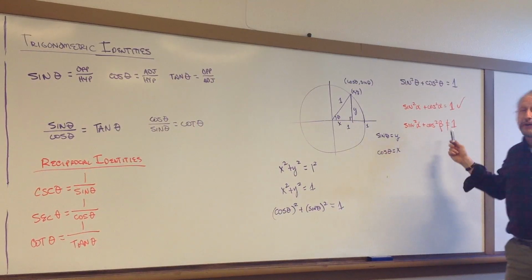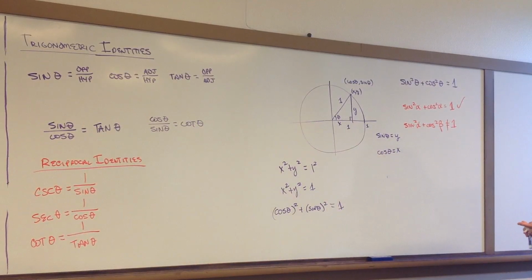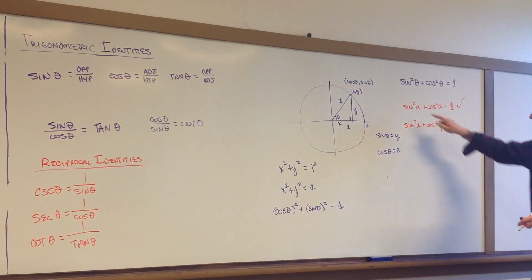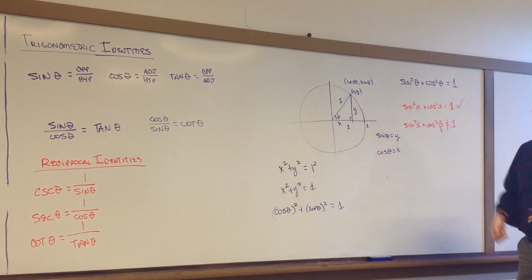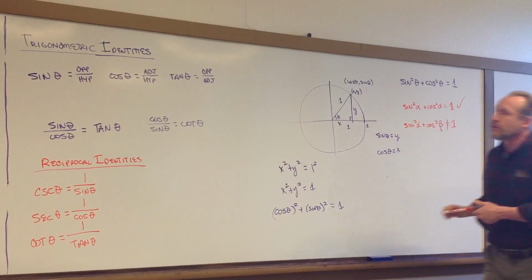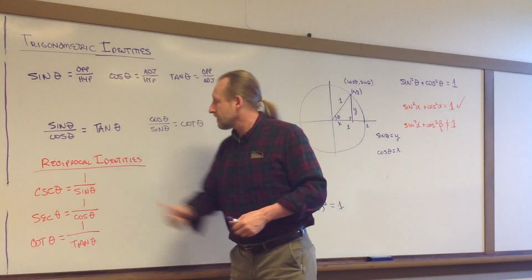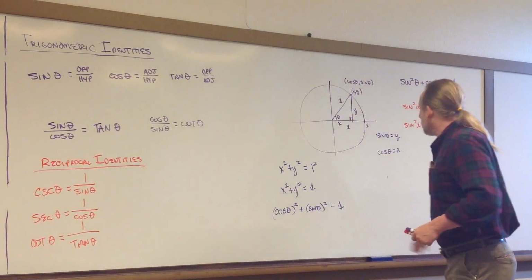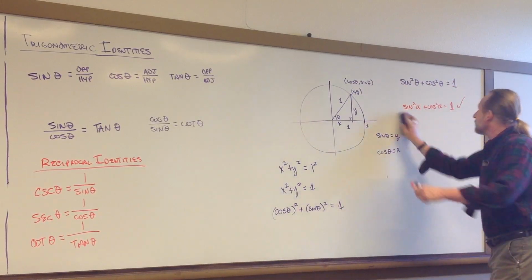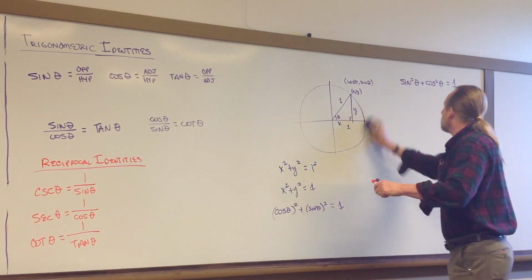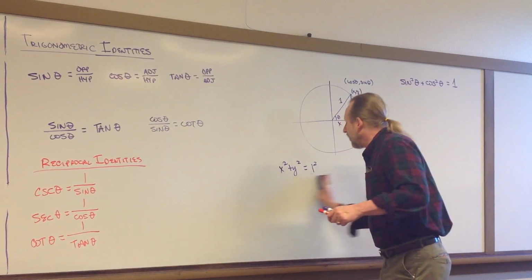Maybe it's true if alpha and beta are the same angle, but if they're different angles, then this will not be equal to 1. So it's important that these angles are the same angle when we're working with these identities. All right, so there's the first Pythagorean identity, sine squared plus cosine squared equals 1.